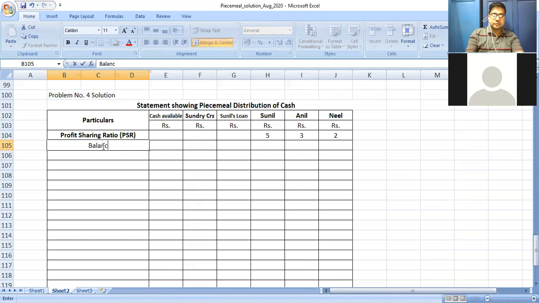Balance brought down. Balance brought down means what? How much cash is available, what will be the liability of the sundry creditors, what will be the liability of Sunil's loan, and the capital, which is the adjusted capital.